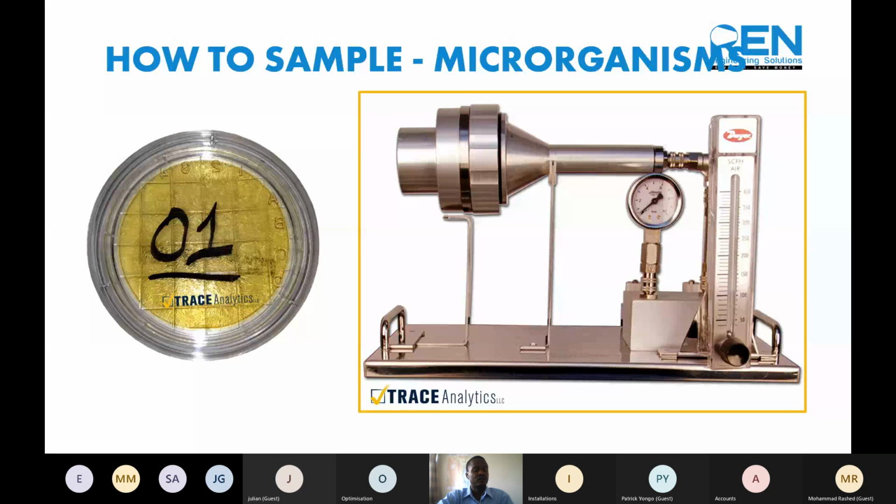A lot of the test methods available out there will only tell you what microbials are in your compressed air, but not how many they are per unit of compressed air.